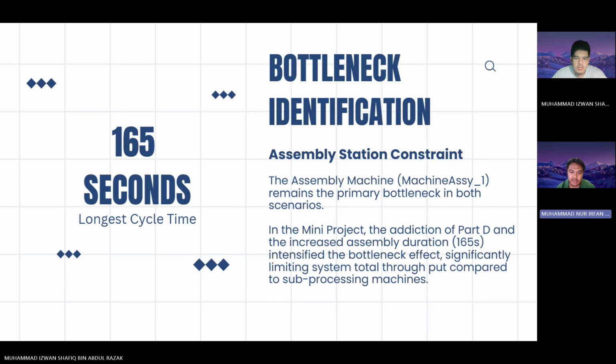The assembly machine, Assembly 1, remains the primary bottleneck in both scenarios. In the mini project, the addition of part D and the increased assembly duration of 165 seconds intensified the bottleneck effect, significantly limiting total system throughput compared to the sub-processing machines.